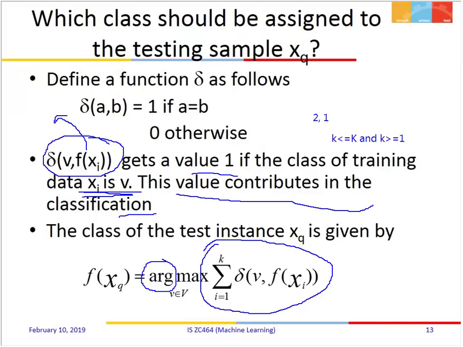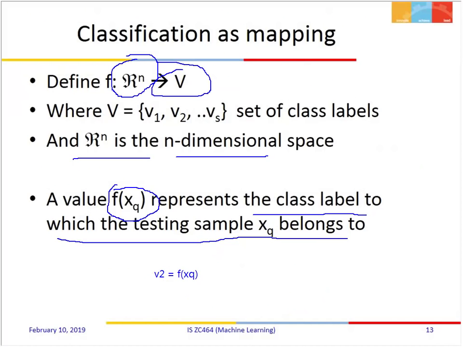Argument is nothing but some kind of index of v, where v is belonging to the set capital V. Capital V is the set of class labels, I can say it has class labels V1, V2, V3, etc. Whichever class label corresponds to the maximum value of summation delta V fxi, that gives us the actual class label to xq. It is nothing but a similar thing which we were talking about.